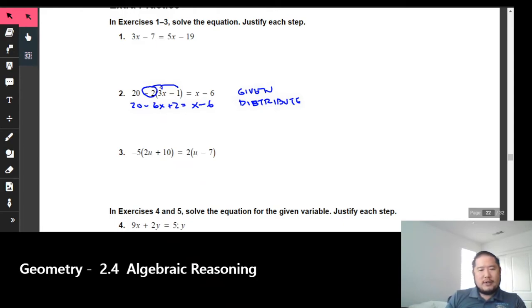I could do several things, but let's kind of clean things up. And so how about this 20 plus 2? So I got 22 minus 6x is equal to x minus 6. And we can say we're going to simplify that.